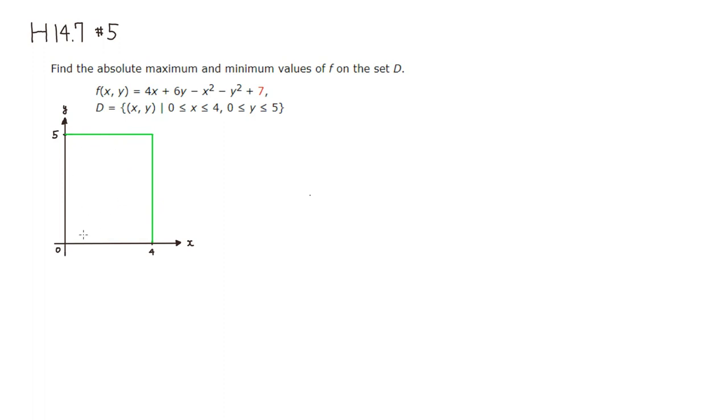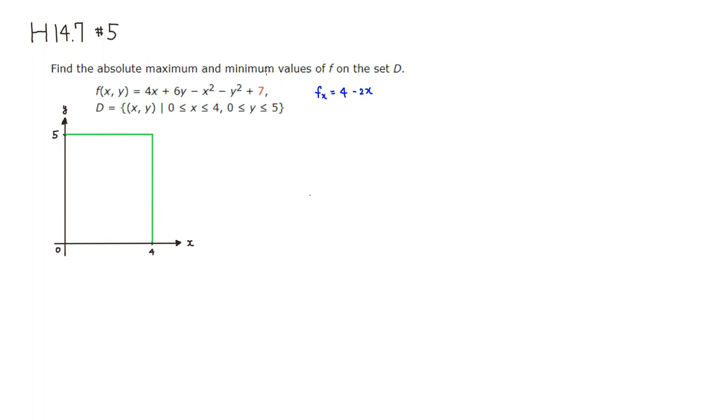First, we're going to try to find the critical point. So we take the partial of f with respect to x. The partial of 4x with respect to x is 4, the partial of 6y with respect to x is 0, the partial of negative x squared is negative 2x, the partial of negative y squared with respect to x is 0, and the derivative of 7 is 0.